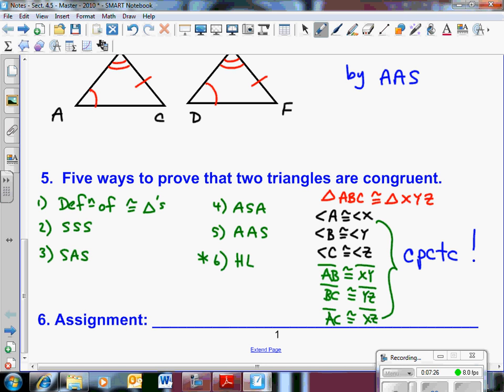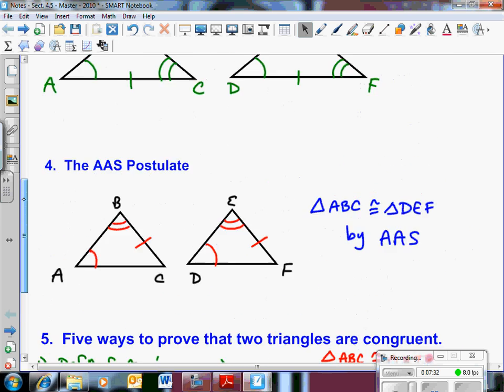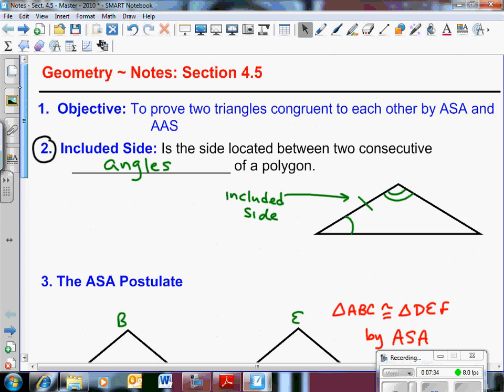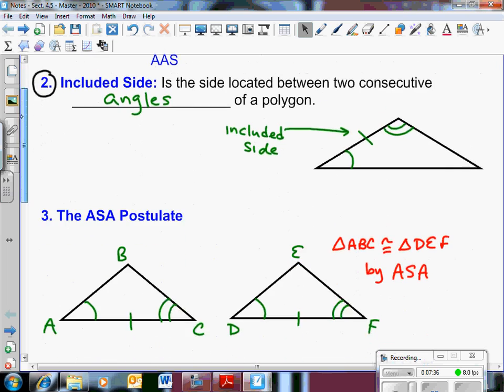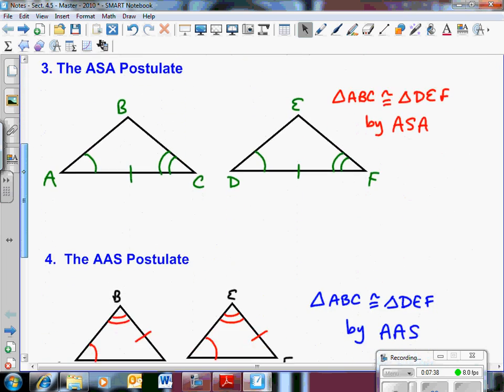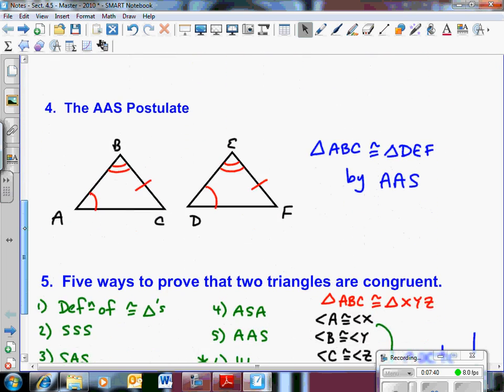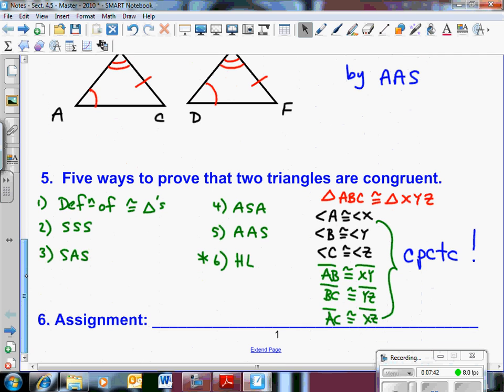Okay? CPCTC. Okay? Any questions on what you see on the board? Included side, angle, angle, side, how to prove two triangles congruent, or lastly, what does it mean by CPCTC?